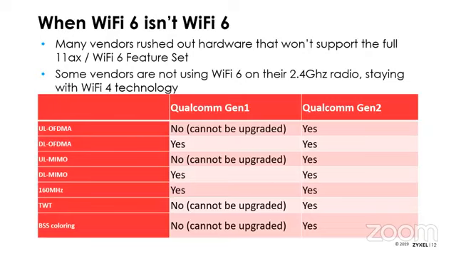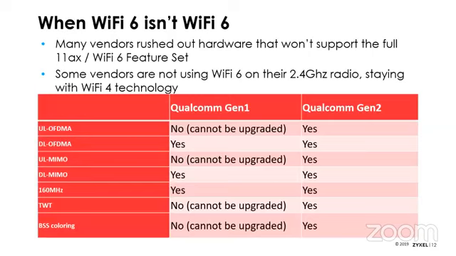So these older chips don't support all of the Wi-Fi 6 features, and in some cases, some very important aspects of Wi-Fi 6. In general, any product that was shipping before, say, August last year is probably using one of these Gen 1 chips that doesn't support all the features.